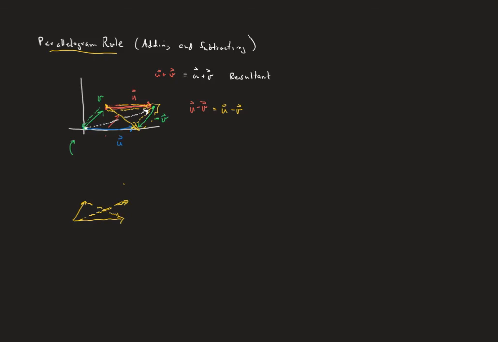Okay, a few quick properties. Hopefully some of these will seem pretty intuitive. These are some properties of vectors. One of them is that the vector u plus the vector v is the same if you reverse the order. It's the same as vector v plus u. So no big surprise there.